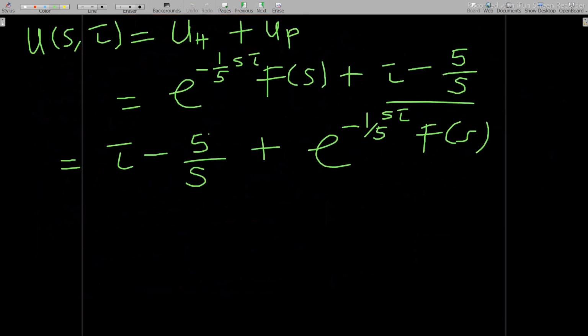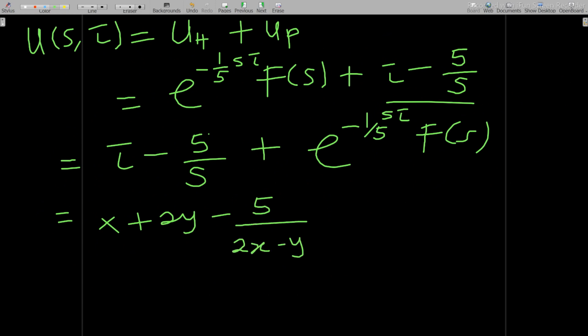So I have tau, which is x plus 2y, then minus 5 over 2x minus y, and plus e to the negative 1 over 5.